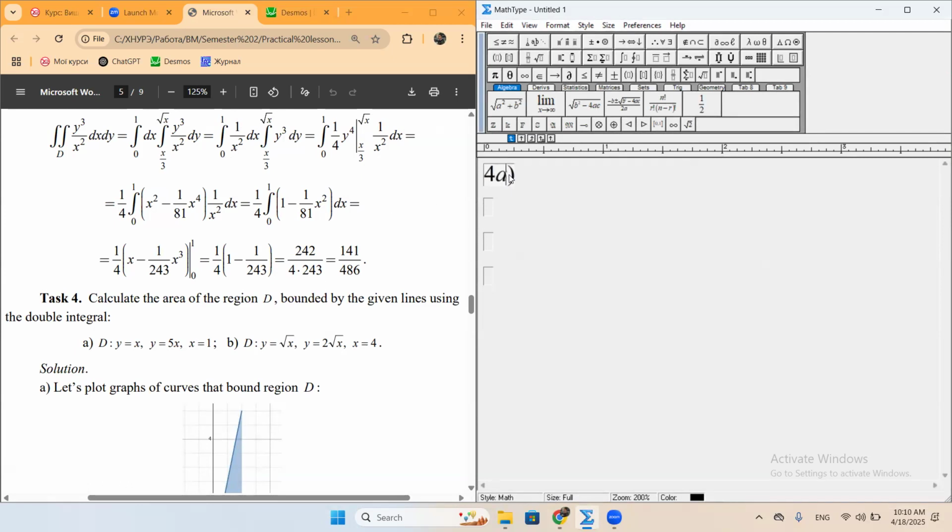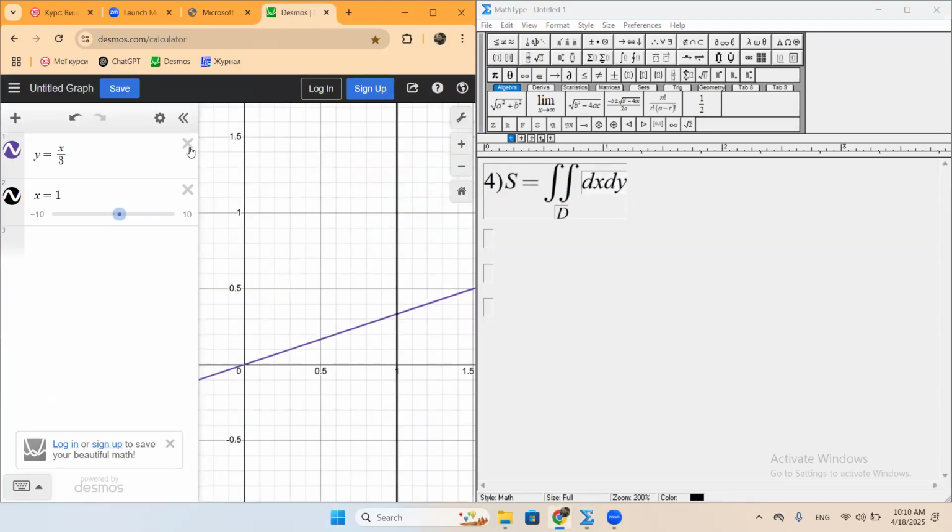So how to calculate it? The integral is quite simple. We just integrate one in this region. So the first region is the following. Let's plot it.